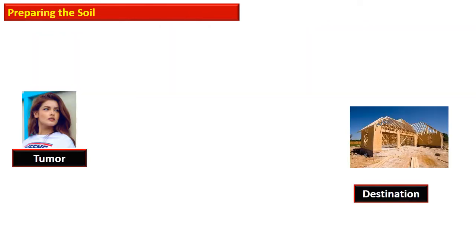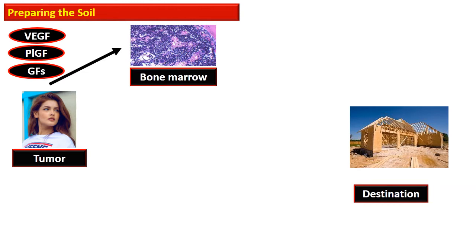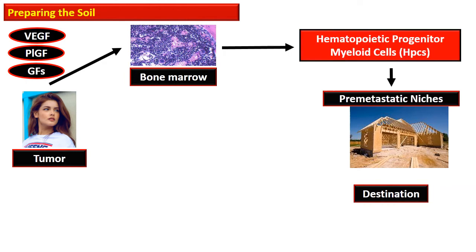So the tumor cells issue checks, that are vascular endothelial growth factor, placental growth factor, and various other growth factors that act on the bone marrow, and from the bone marrow bank the currency is released, that is hematopoietic progenitor myeloid cells.